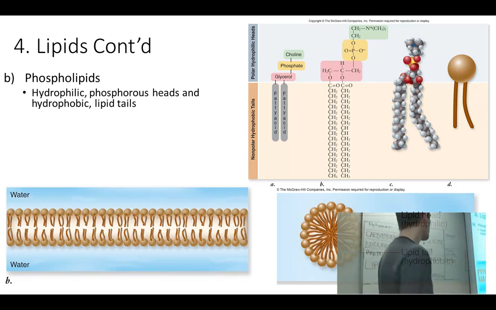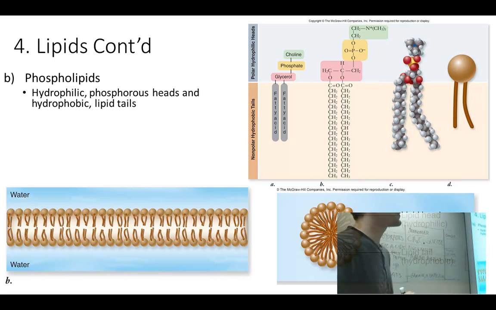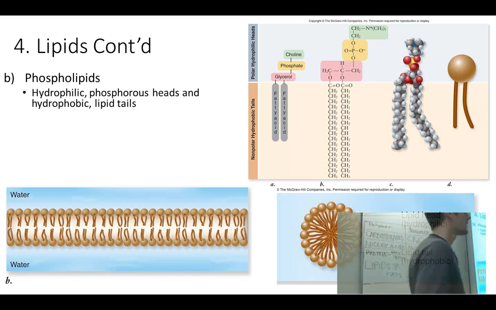Okay, another couple types of lipids. We have phospholipids, which are structurally different than our fats. They have a phosphate head, which is actually hydrophilic, so it will make hydrogen bonds with water. And then you have a glycerol, which is basically just a connector, and then you have 2 fatty acids.